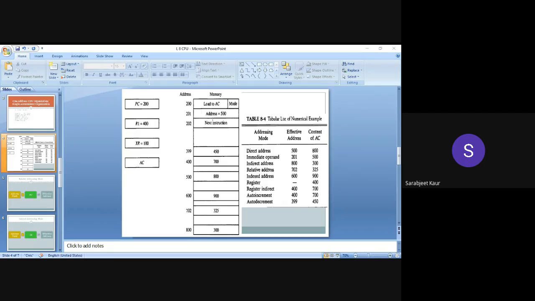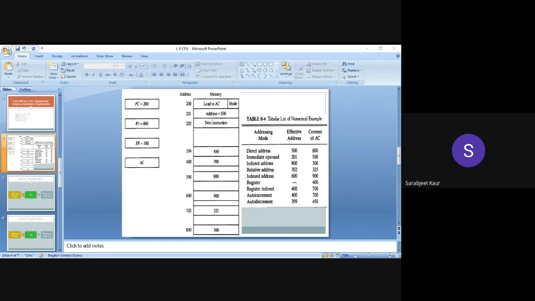Now we talk about the register mode. In the register mode, there will be some register number here, or if you are given a particular register, for example, let's say R1, they have assumed that R1 is the register where the operand is stored.